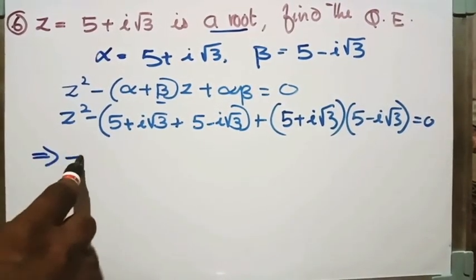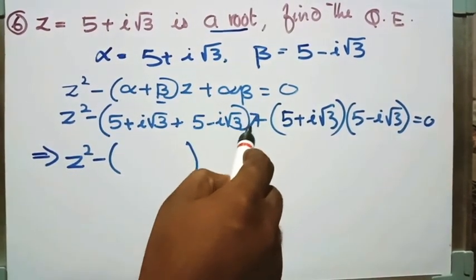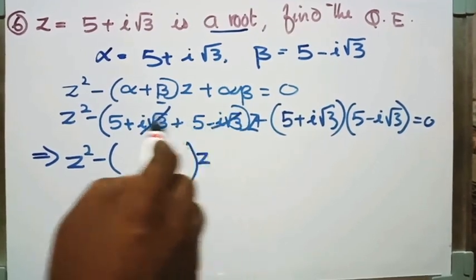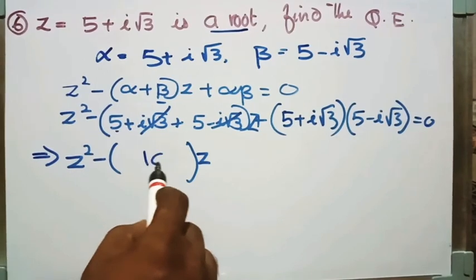That implies z squared minus, when you simplify the bracket, sorry I forgot z here, i root 3 minus i root 3 get cancelled, remaining we have 5 plus 5, 10.